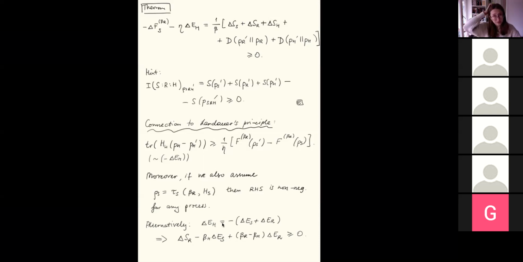Okay, in the exercise sheet, I basically walked you through most of it, except for the fact that you will need to prove this theorem. But this is done similarly to the theorem that we looked at in the coherent case, where we only had systems S and M, by just using this hint that this is always non-negative.